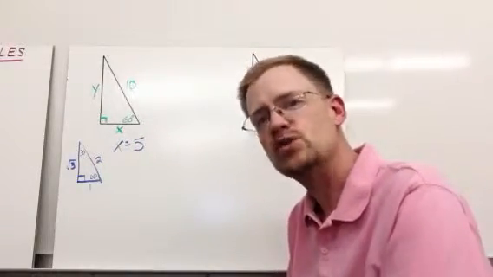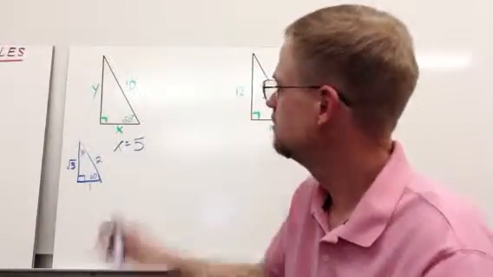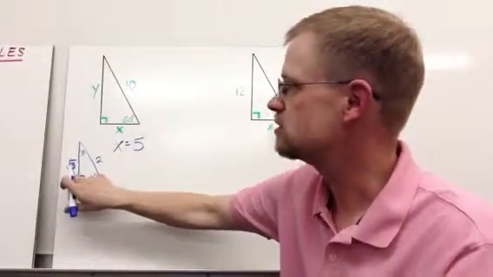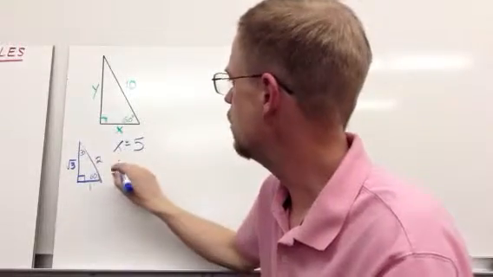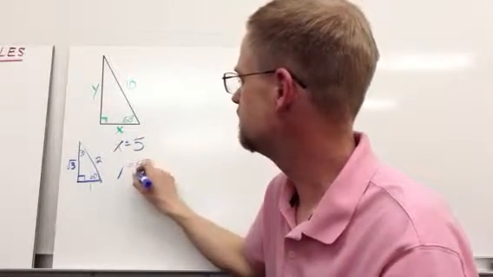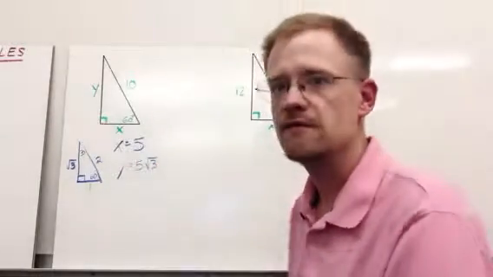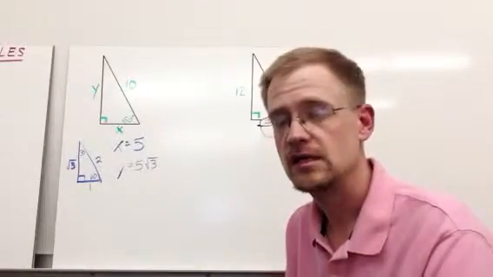Now, once we have the short length, the longer length is usually a little easier to find. Looking at our model here, the shortest length times the square root of 3 is going to give us our long length. So y is going to be whatever the short length is, which is 5, times the square root of 3. Okay? And we can't simplify there any further.